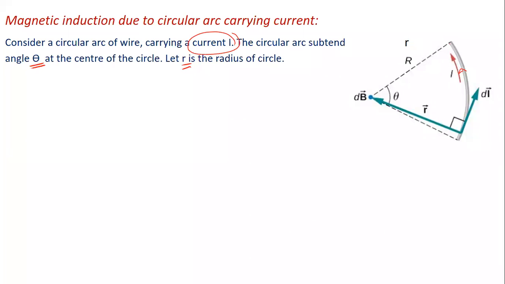Now here we define the current is I, theta is the angle at the center, R is the radius.